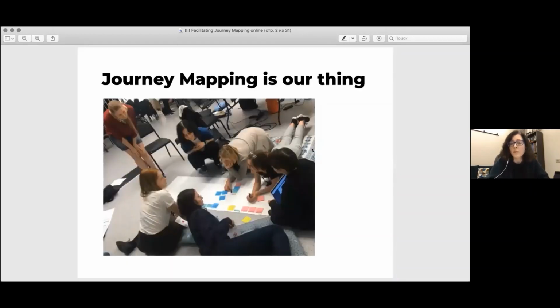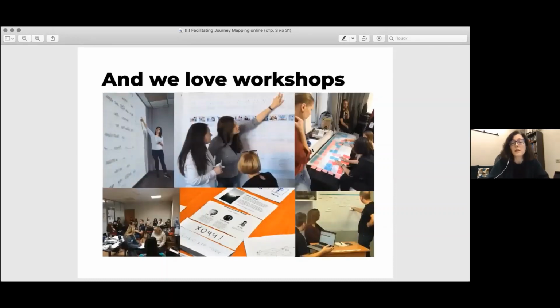Since we also have a platform for journey mapping, you can gather that it is generally our thing. We like to do it a lot, and we also really love workshops as a way to gather together and get people on the same page and get them to work creatively in different settings. That's something we use in our work a lot.